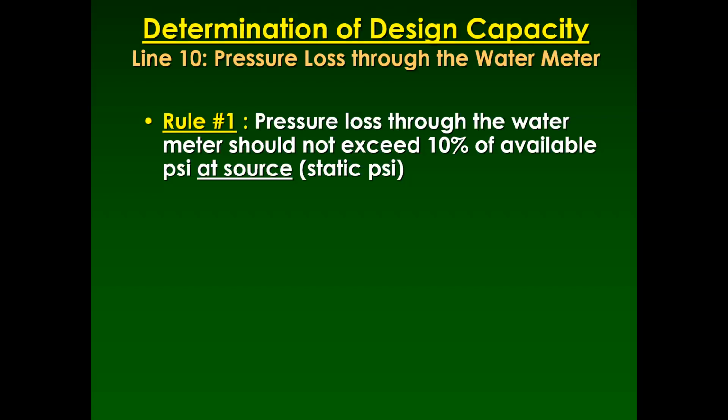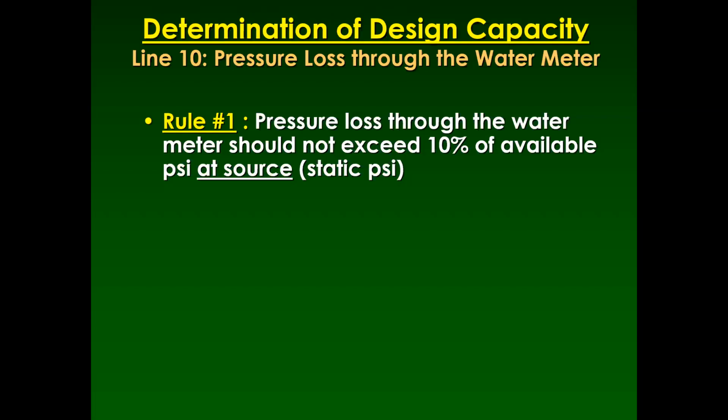So rule number 1, or basically number 10 on the sheet: pressure loss through the water meter should not exceed 10% of available PSI at our source. We're talking about static pressure, which has line 1 in parentheses.